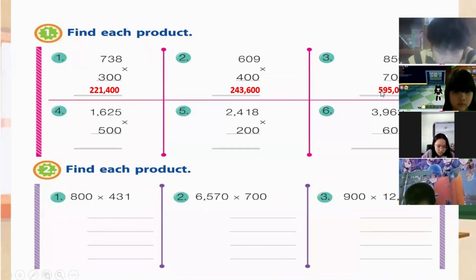Very good. 995,000. Okay. How about number 4? 812,500. Very good. Excellent. Good job. 812,500. Okay. Now, who is going to tell me the answer of question number 5?